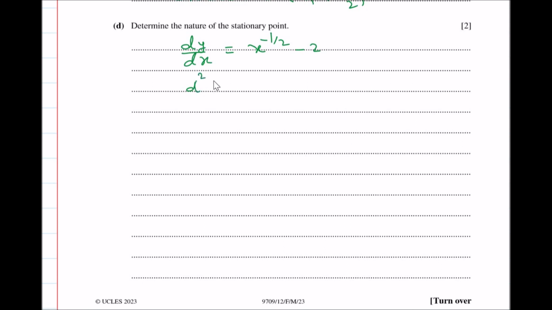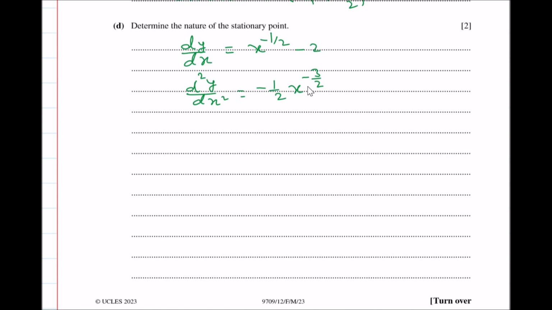It is minus half, and then x to the power minus 3 by 2, because minus 1 by 2 subtract 1 becomes minus 3 by 2. For minus 2, it becomes 0, so no need to write. Now as you can see here, this is a negative term.